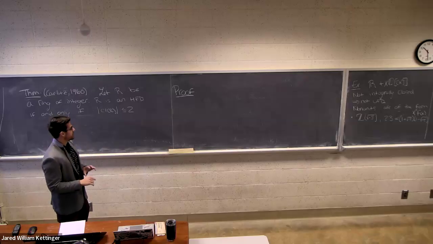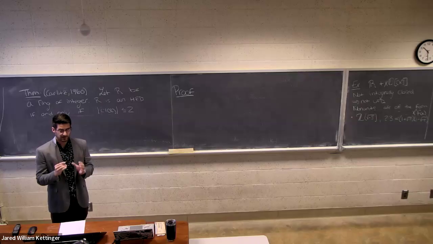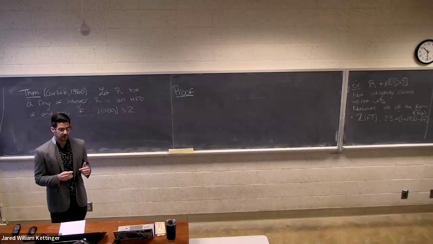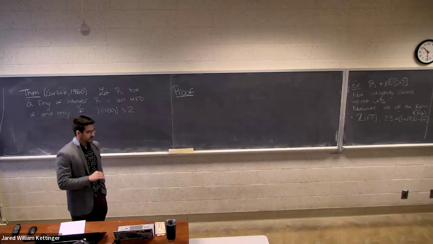And the theme is going to be, well, I don't know how an element factors, it doesn't factor uniquely, but I can look at the ideal generated by that element and how that ideal factors, and that'll actually tell me a lot about how the element itself factors. And we'll use the class group to suss that out.